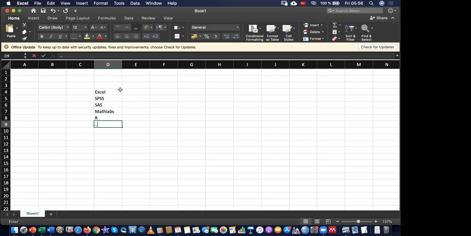There are many softwares you may use for data entering, but we will use Microsoft Excel in our course.